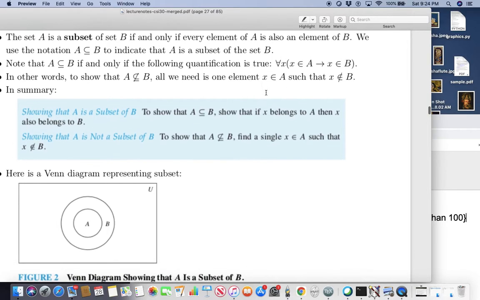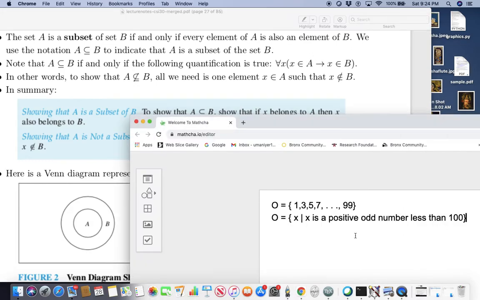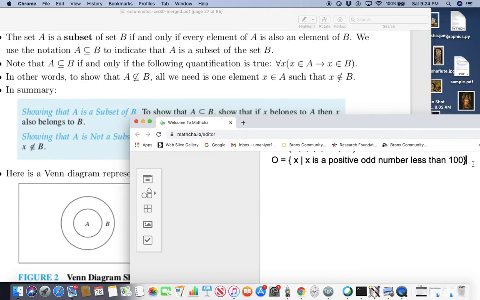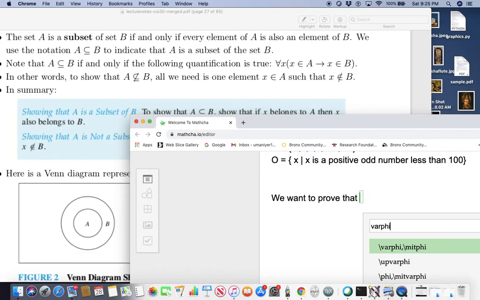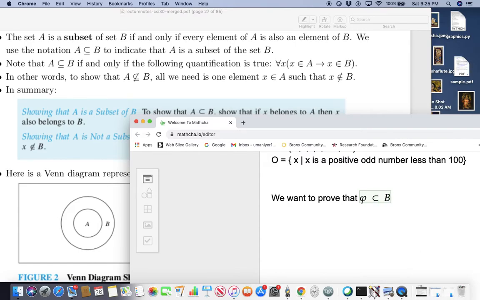Remember, to prove that A is a subset of B, what you need to show is that for every x, if x is in A, then x is in B. First, we want to prove that the empty set is a subset of any set B. This is what we want to show.